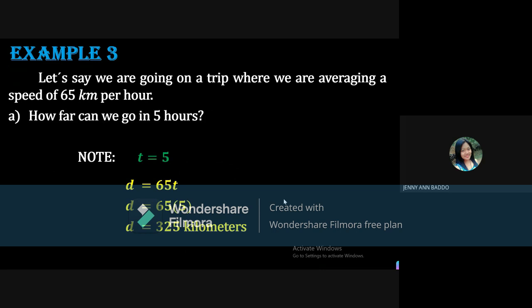Since we are asked how far, the unit should be kilometers. Therefore, D equals 325 kilometers. That means we have traveled a distance of 325 kilometers after 5 hours.